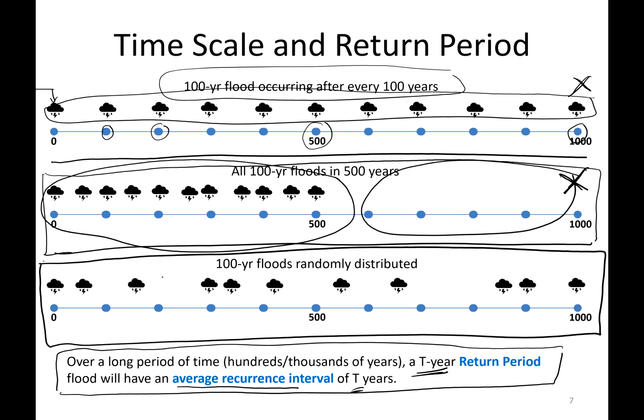In this case, you can see you had 3 events in 2 years, but then there is no event in this 100 years. If you take this, then you will see there is 1 occurrence every 100 years and so on. As I said, over a long period of data, you will see the average recurrence interval.